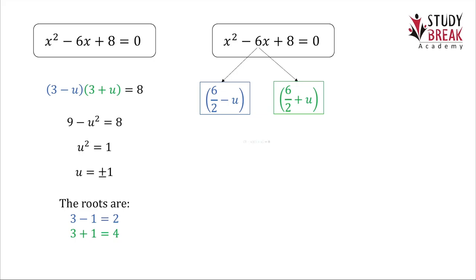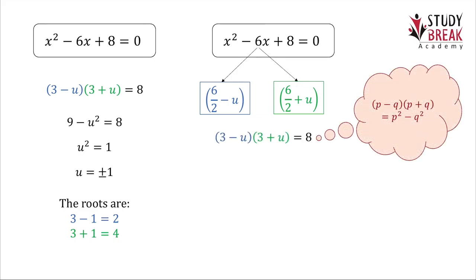If we multiply them, we should get 8. And we know the formula from basic algebra that (p minus q) into (p plus q) equals p squared minus q squared. We apply it here to get 9 minus u squared equal to 8, u squared equal to 1, and u is equal to plus minus 1. Hence, the two roots turn out to be 3 minus 1 and 3 plus 1.